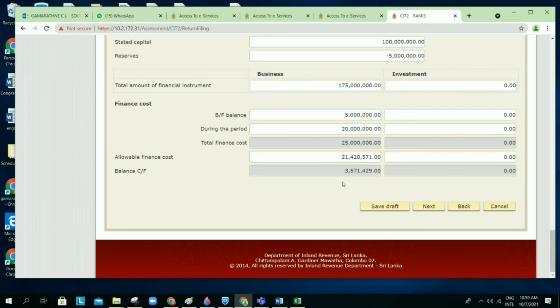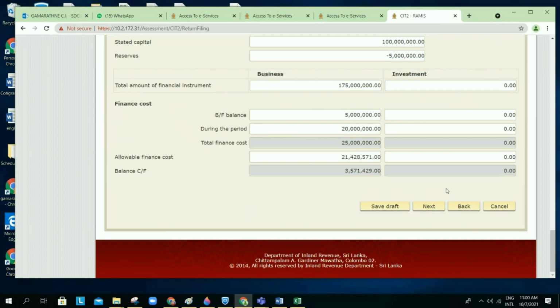For this excess value, the finance cost should be limited. But we are preparing on the direct method, so we have to identify the finance costs related to 150 million. You are familiar with the plus-minus table where you identify the disallowable component, but here we are going to identify the allowable component. Through the direct method, we can adjust this allowable component.